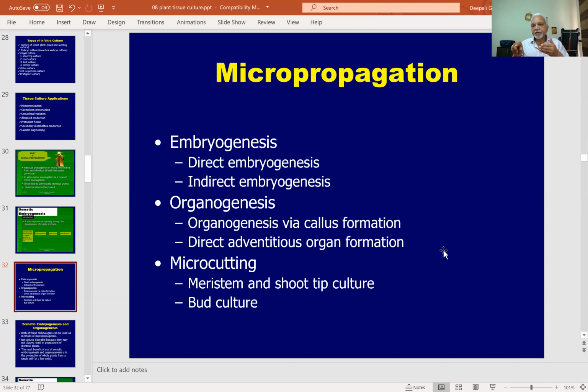Microcutting is basically the normal cutting way of propagation of tree species and ornamental plants. This is routinely done through the cutting process. Here we take the meristematic zone, the actively dividing zone, like shoot tip culture or bud cultures, from the whole cutting we take a very small part and culture it, and that is made to give rise to the intact plant using tissue culture techniques.